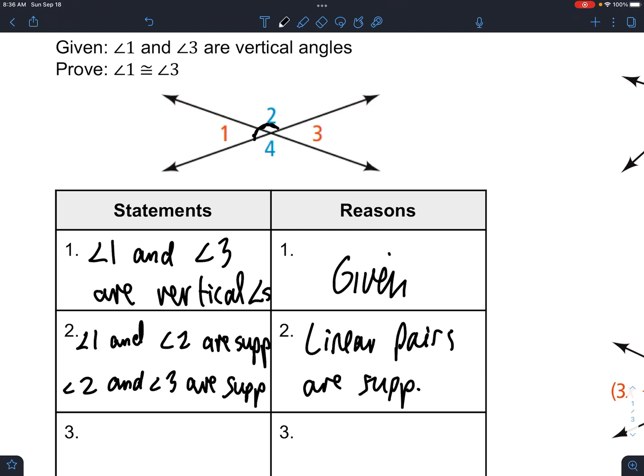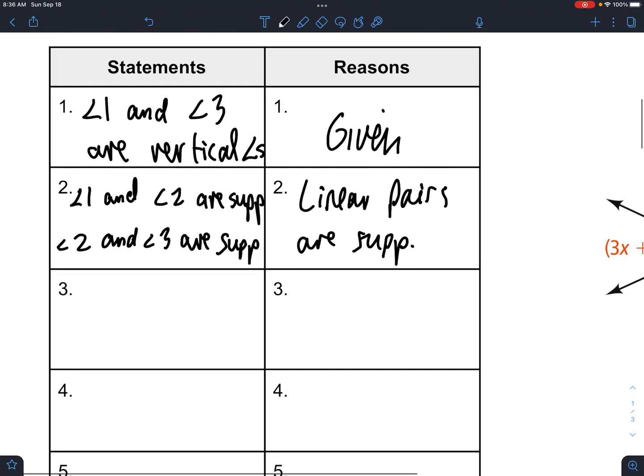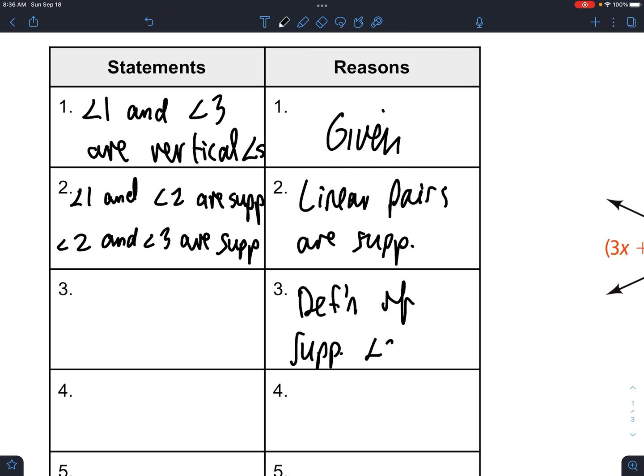Okay. Now, if we want to get into an equation that has the congruent symbol, we got to use the word supplementary and convert it to something else. And the definition of supplementary angles is that the measure of angle 1 plus the measure of angle 2 equals 180, and the same deal with the other angle pair.